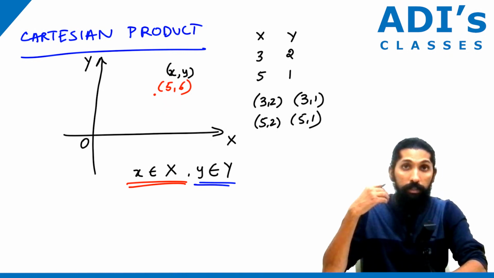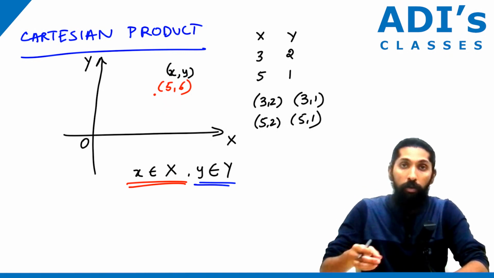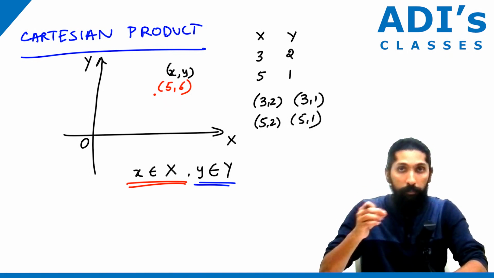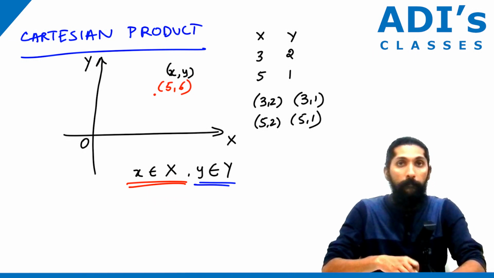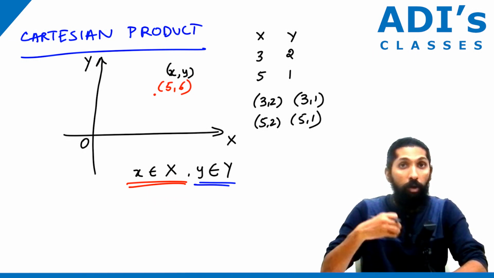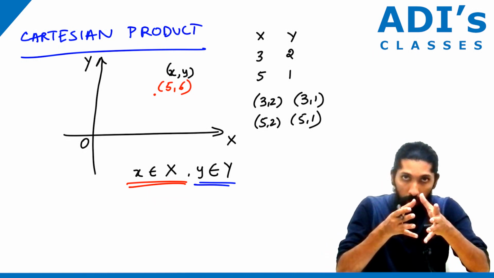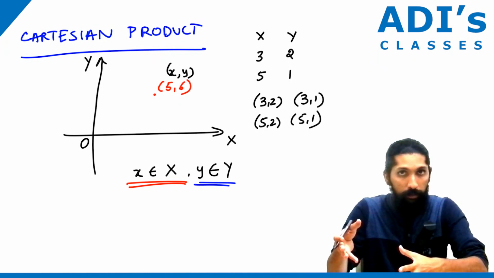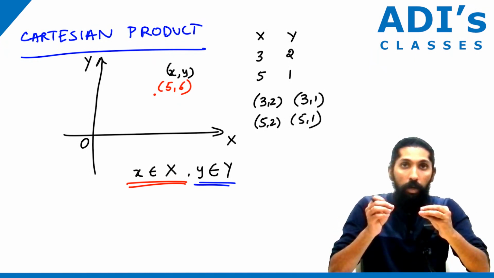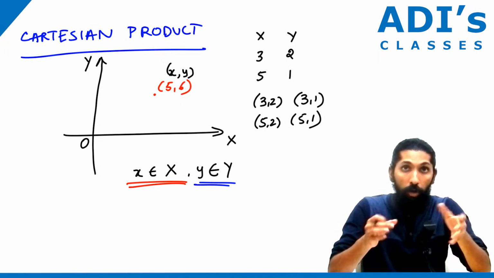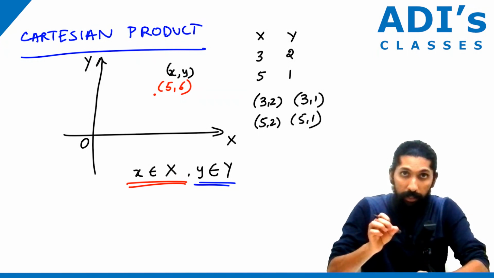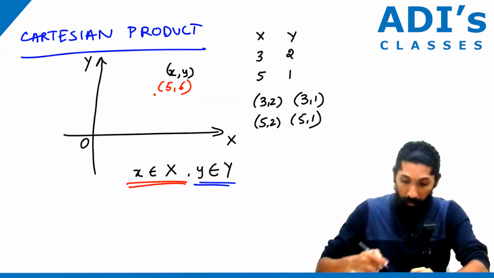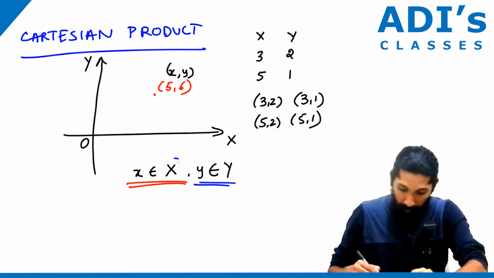It's called a Cartesian product, or you can also call it an ordered pair. Alright, the reason why we call this an ordered pair, because first is always X, next is always Y, isn't it?